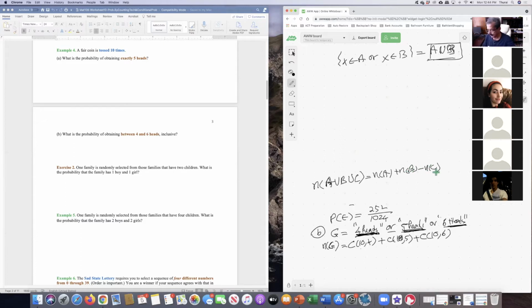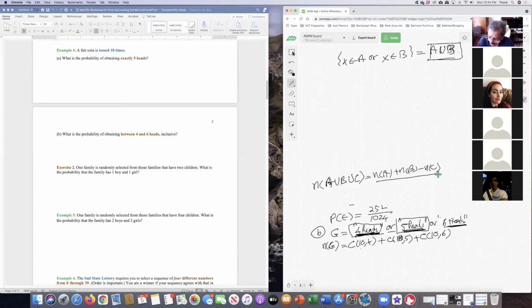The intersections are empty because this event has all the outcomes with 4 heads, this event has all of them with 5 heads, so there's nothing common. In these problems, the intersections are always empty. Therefore, the count of the union equals the counts added up.